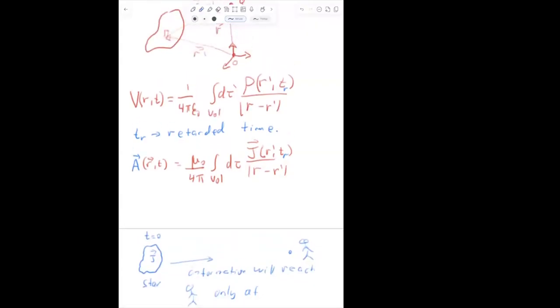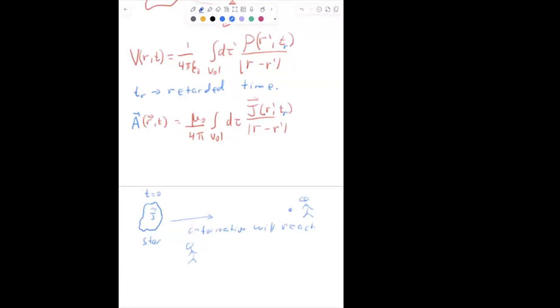Let's write it like this: not faster than the speed of light permits.